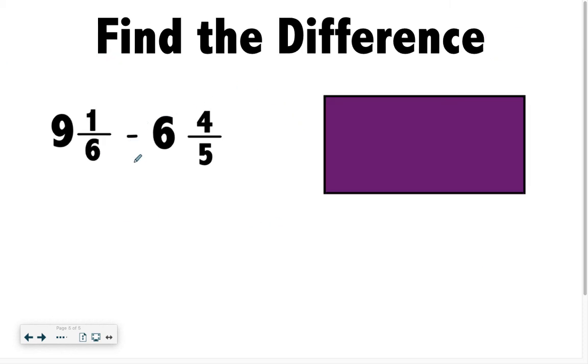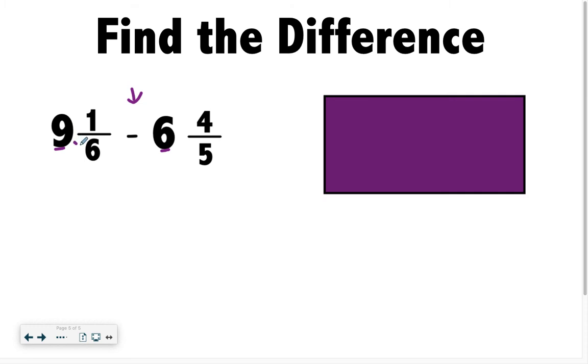All right, now let's practice finding the difference with whole numbers out front. So this is where things get a little trickier. In the past, I've seen students have the most success if they turn these into improper fractions first. So whenever you are subtracting, I would suggest turning it into an improper fraction.